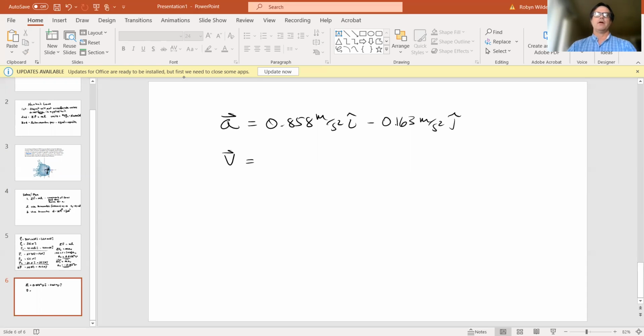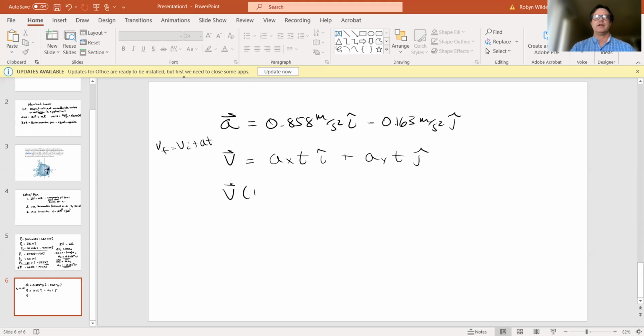Well, remember our kinematics, right? V final equals V initial plus AT. Well, this works for either component. So what I'm going to have is AX times T I hat plus AY times T j hat. Now my A's are just these numbers. Right, and my time is going to be 10 seconds.